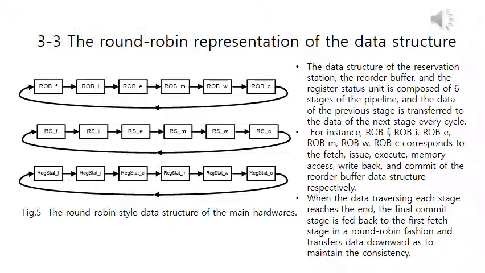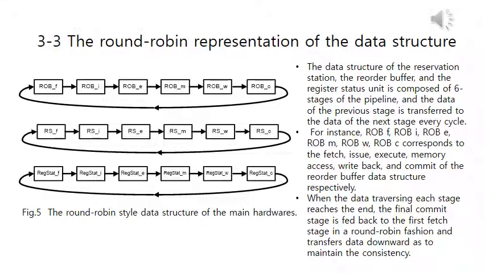As shown in Figure 5, the data structure of the reservation station, the reorder buffer, and the register status unit is composed of 6 stages of the pipeline, and the data of the previous stage is transferred to the next stage every cycle.